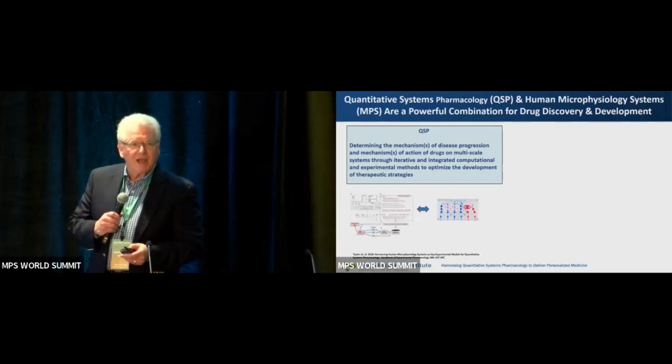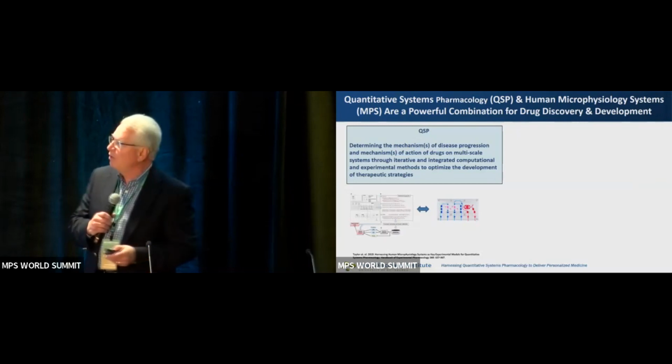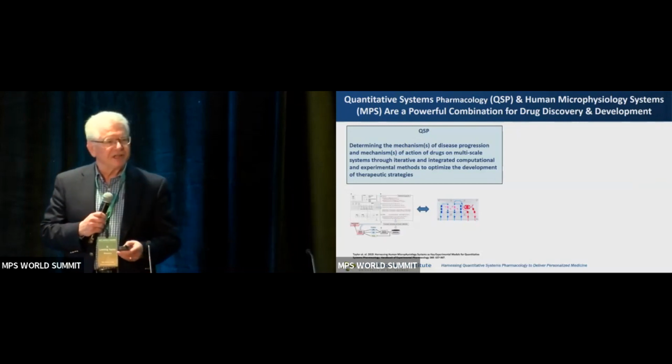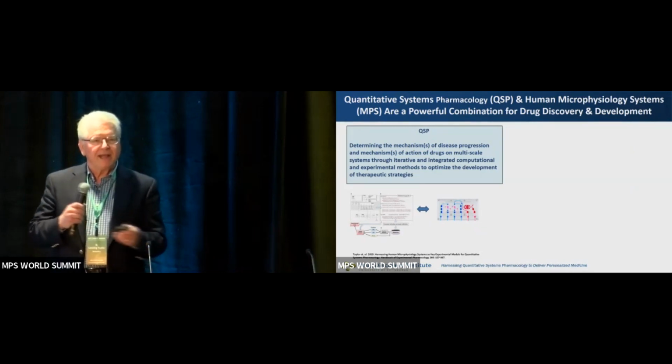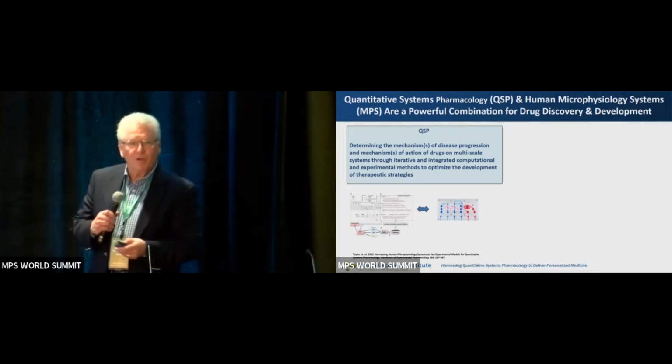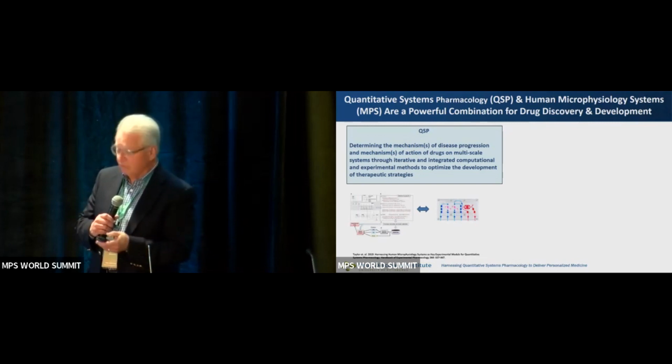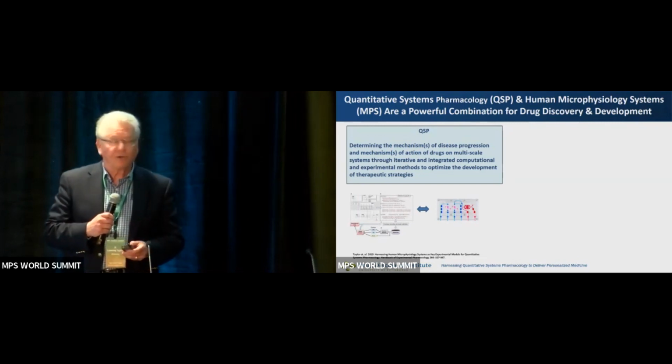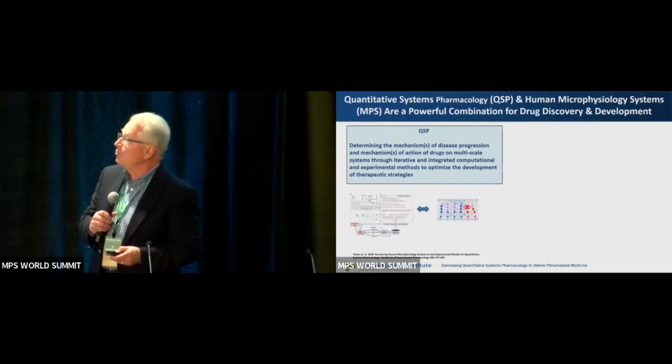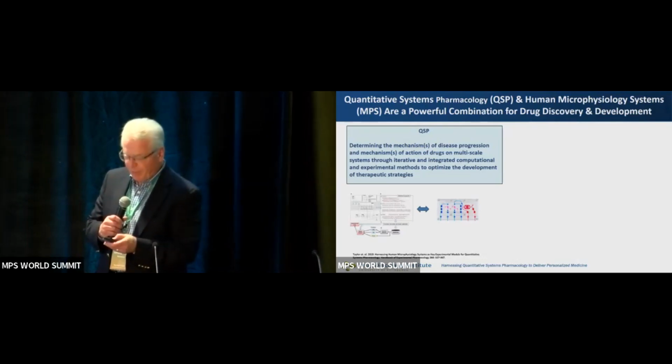Well, a key parallel approach to traditional target-centric high-throughput screening in animal models is something we've been working on for a number of years, and that's the use of quantitative systems pharmacology, or QSP, and human microphysiology systems as a powerful combination for drug discovery and development.